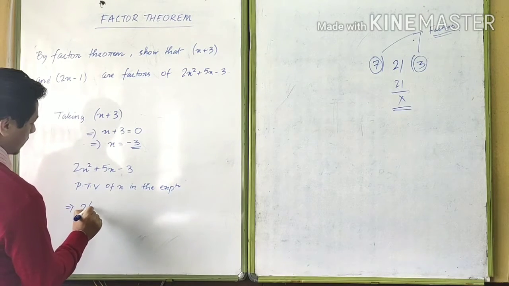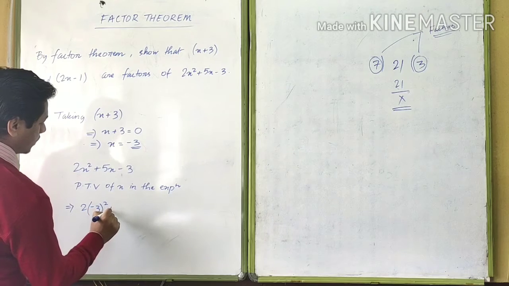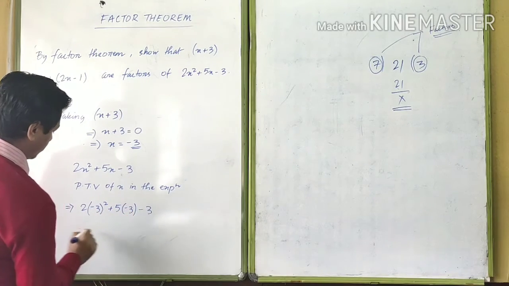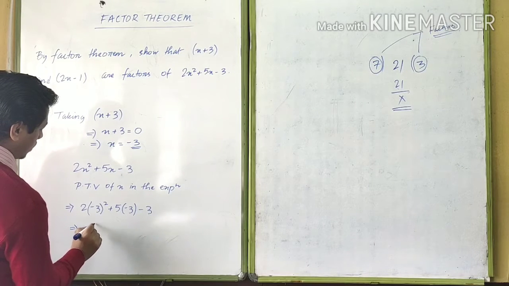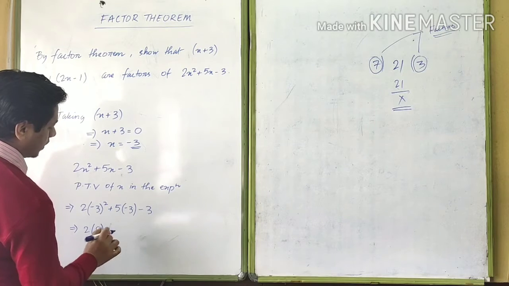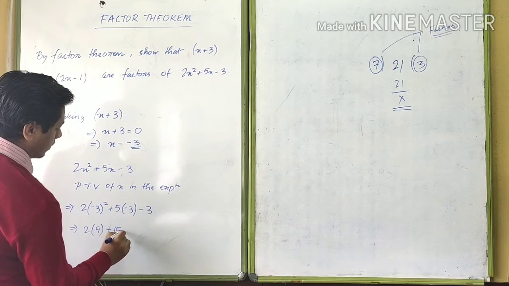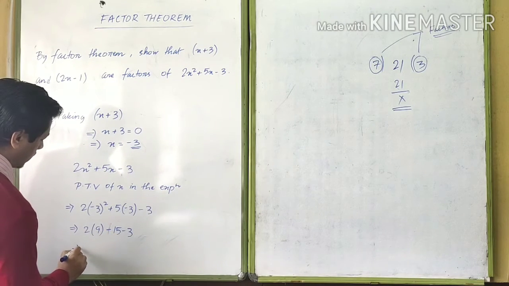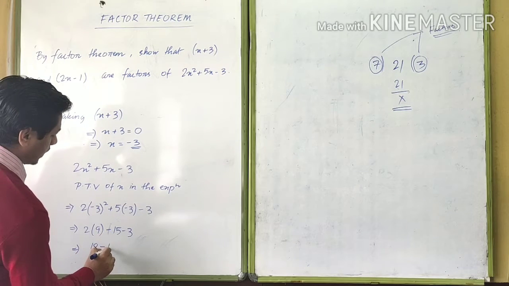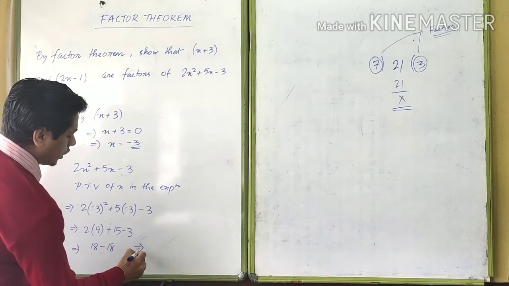The value of x is minus 3 whole square plus 5 into minus 3 minus 3. Minus 3 square gives me 9, plus into minus becomes minus 15, minus 3. When I add minus 15 and minus 3, I get minus 18. So this gives me 0.